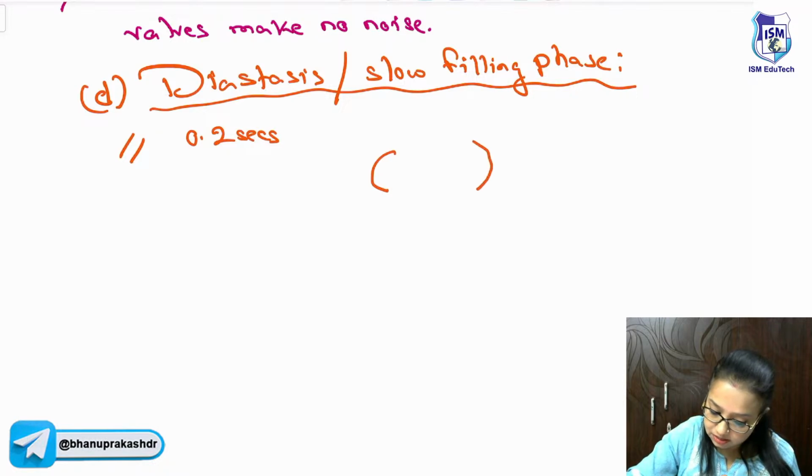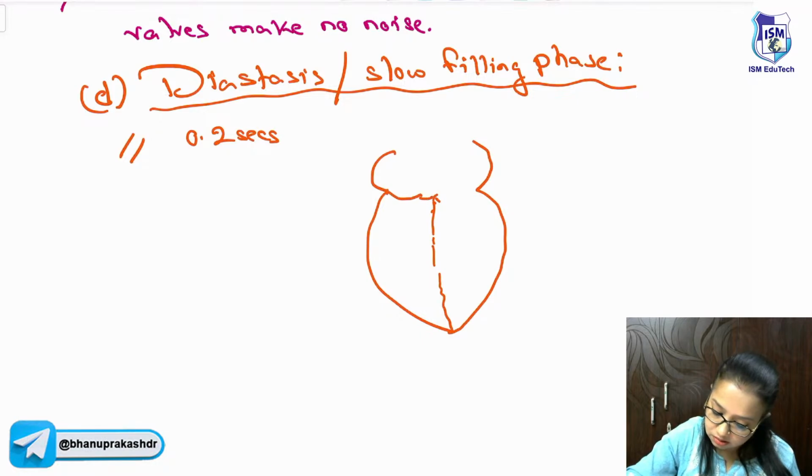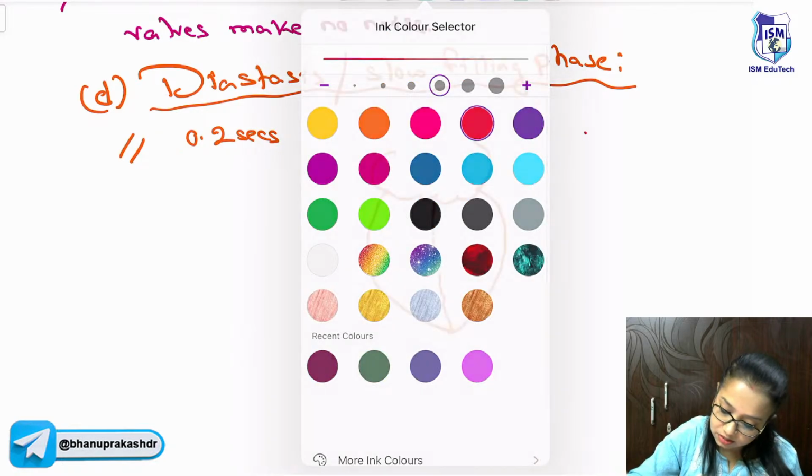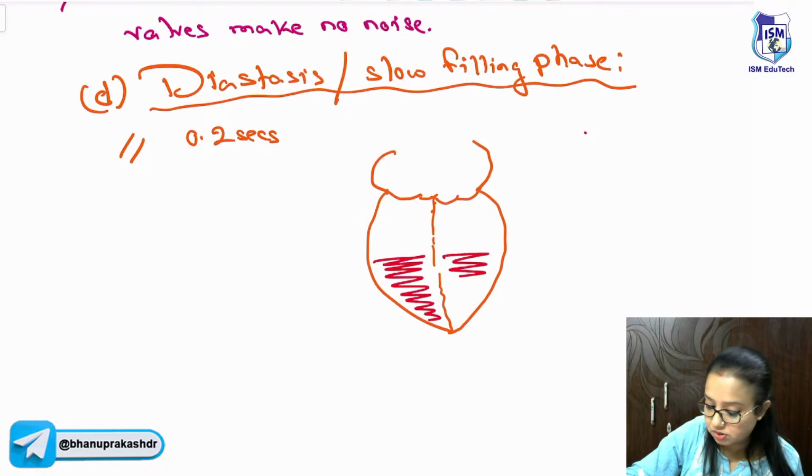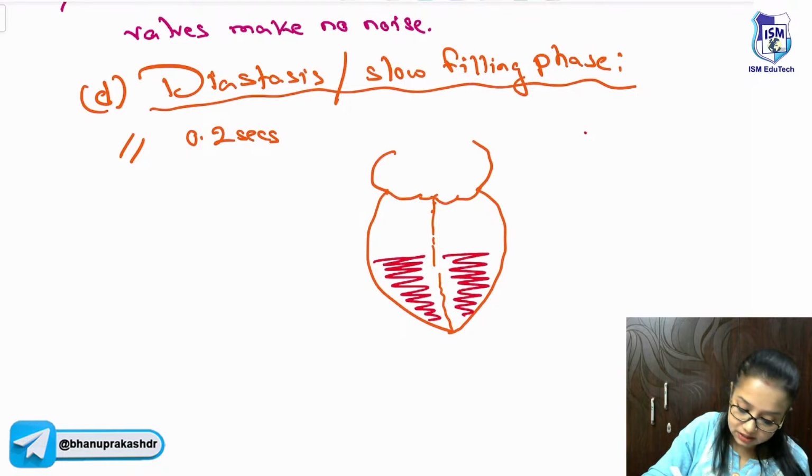I'm just making a basic diagram so that we can understand the process. Here, as the ventricles are filled with blood because of the passive filling, obviously there is an increase in the pressure.